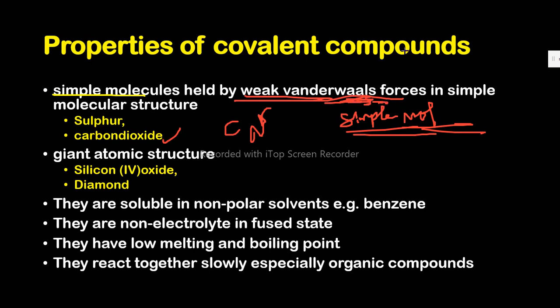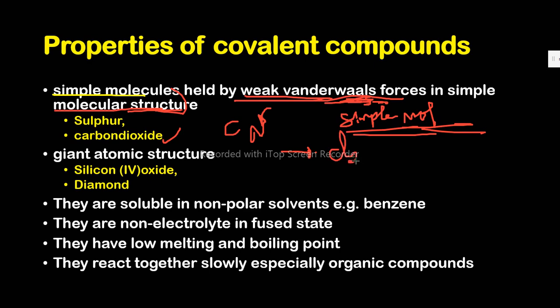It's because of this that they are so weak. They form simple molecular structures, and because of these, the structures are easily overcome at very low temperature. That's why most of them exist as gases at room temperature.